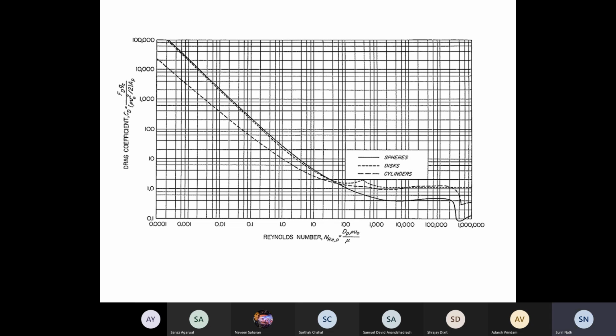And as you can see, there is a tremendous reduction of 5 orders of magnitude of the drag coefficient as you go from 10 to the power minus 5 Reynolds number to turbulent flow. Huge reduction in drag. So obviously, if at Re equal to 1, you model something by the viscous drag that was there, and try to transpose that to higher Re, you will make a lot of error.